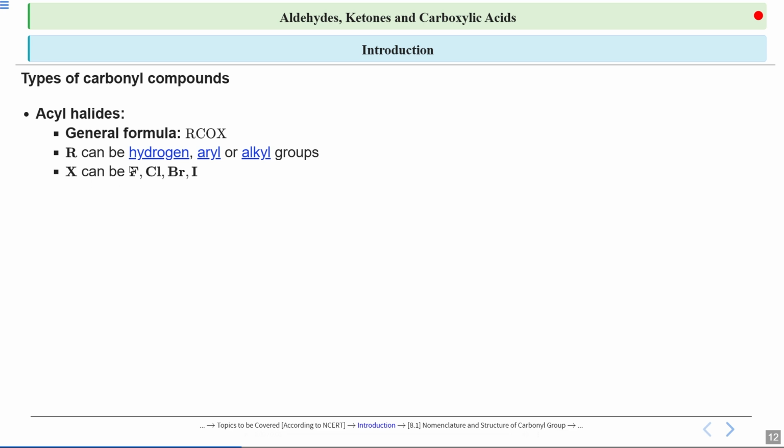X can be fluorine, chlorine, bromine, or iodine. So the general IUPAC name of acyl halides is alkanoyl halide. This is how you write the IUPAC naming of acyl halides.